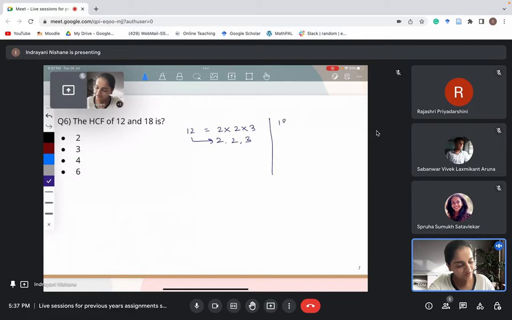Now let's try to find the factors of 18. 2 into 9, so 2, 3, 3. So the common factors are 2 and 3. So therefore HCF would be 2 into 3, which is 6. That is the answer here, 6.